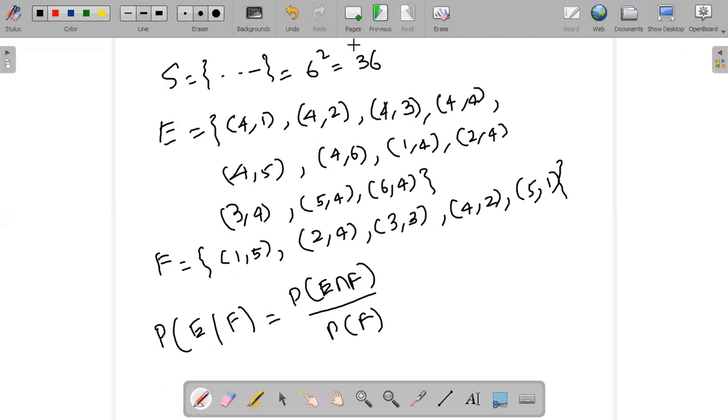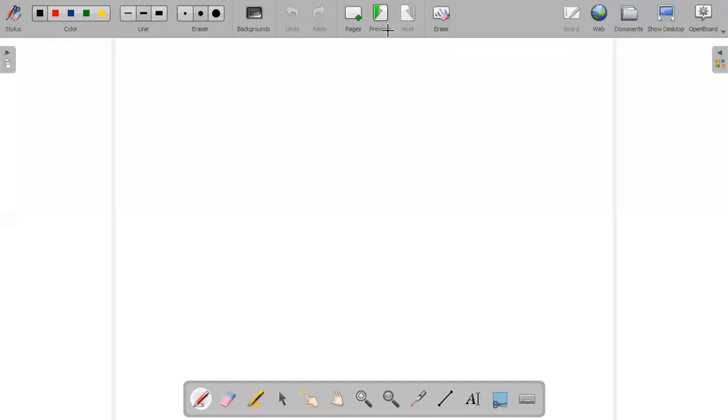What is P of F? Will it be 5 by 36? Yes. So this you will get as 2 by 36, and this you will get as 5 by 36. So it is 2 by 5.